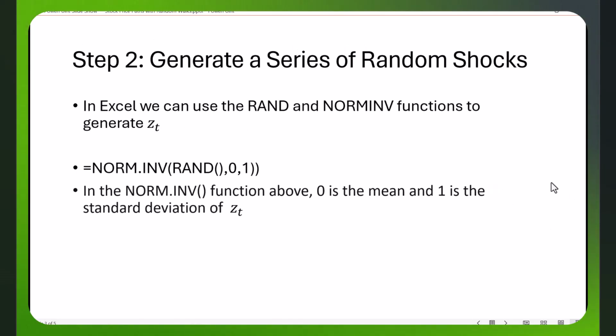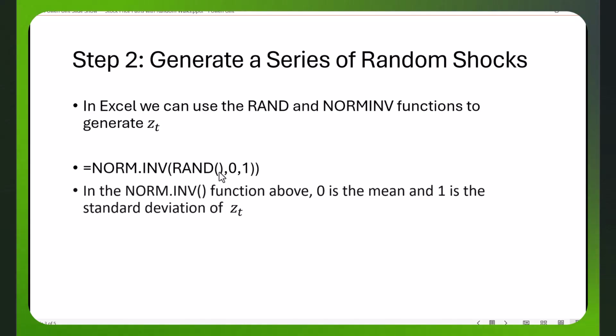So to generate our random series in Excel, we can use the RAND and the NORM.INV functions to generate Zt. So we'll put that in as NORM.INV. You don't even need the dot. It'll work with the dot and it'll work without it. Open parenthesis, RAND, open parenthesis, and then just a closed parenthesis.